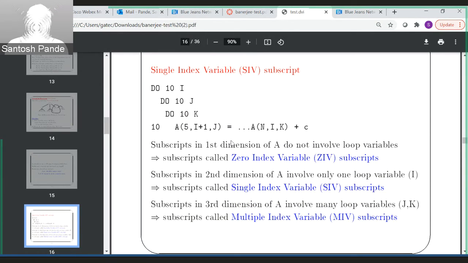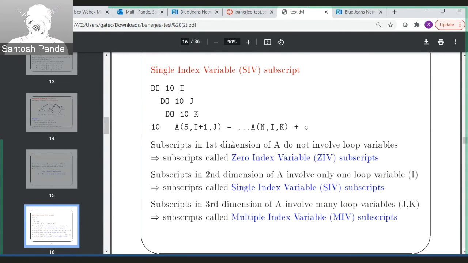And this is a case we call zero index variable subscript tests. That means there are no index variables participating in these functions. When we set up the dependence system, there are no functions of the ijk or surrounding loop index variables. And so that's why, since they are zero, we simply compare the constants.